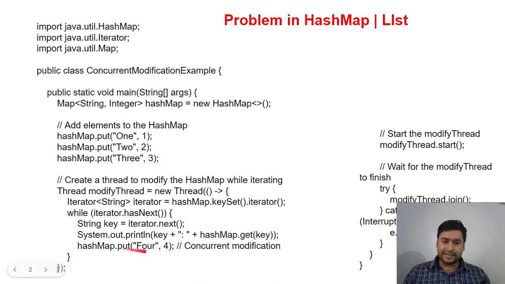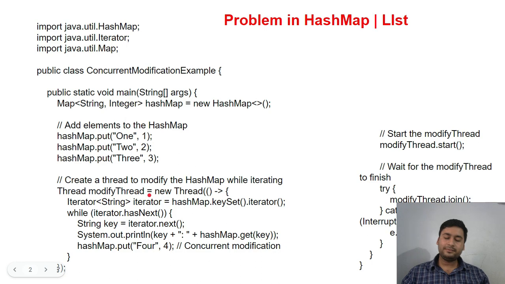It will say no, it's not accepted, because the iterator already assumed only 3 data it will print, but at the end there is one more data you have to print also. That time it gets confused and gives the concurrent modification exception because of the iterator.